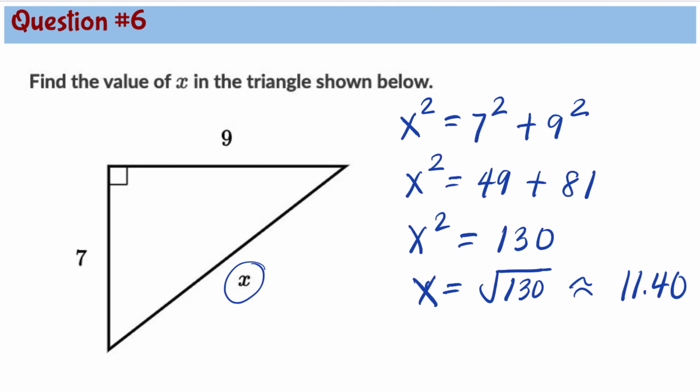Now, changing this to simplest radical form, the only factors of 130 are 13 and 10. And those are not perfect squares. None of those are perfect squares. So that means the simplest form will be square root of 130 in radical form, and the decimal is 11.4.